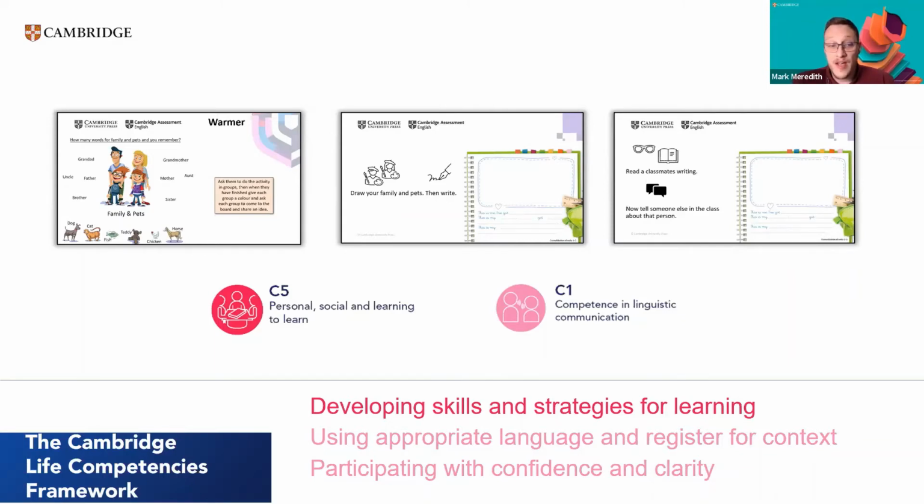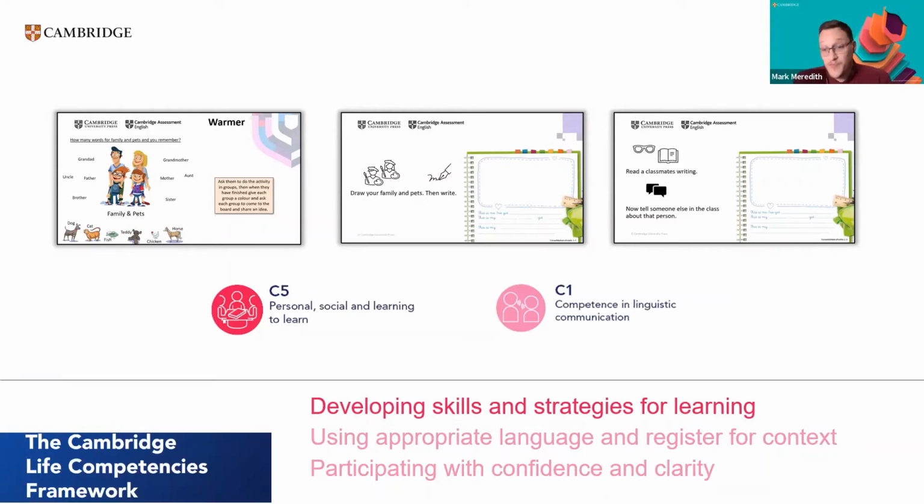Well, we've used the Cambridge framework to identify different areas that we can look for. So firstly, the personal, social, and learning to learn. We're developing skills and strategies for learning. I think throughout this, we're predicting, planning, and then sharing. So I think there's a nice process, a nice learning strategy.